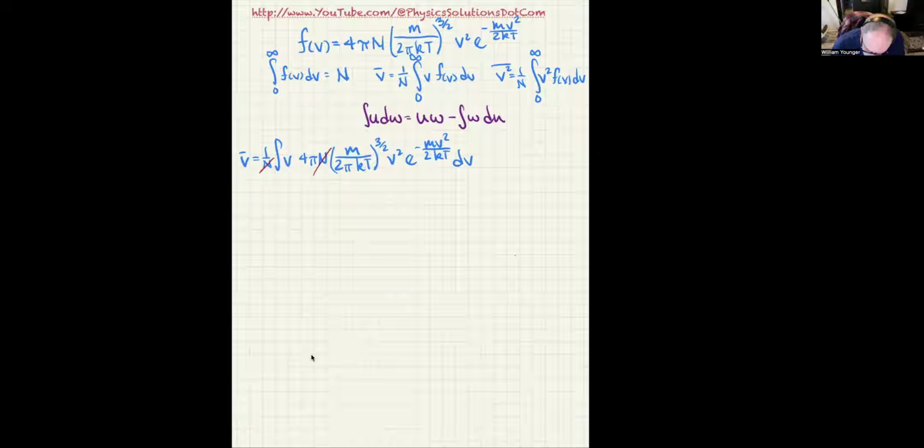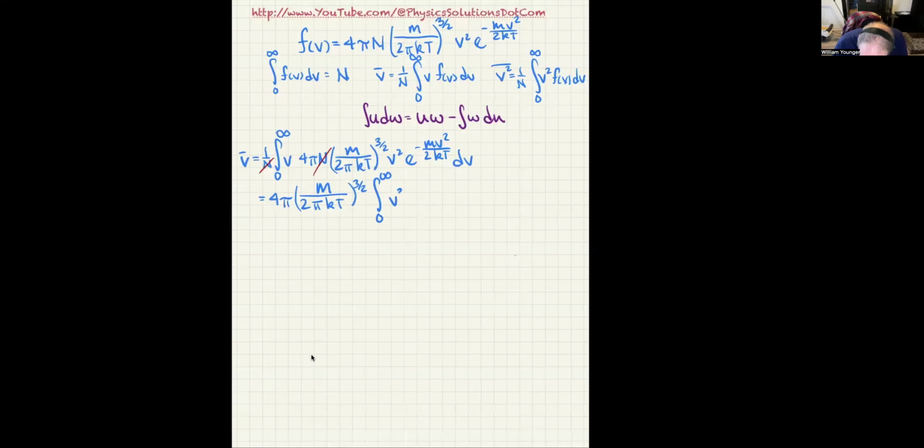This n is going to cancel out, and I can put all those constants out in front, and I will get 4 pi times m over 2 pi kT to the 3 halves power times the integral from 0 to infinity of v cubed e to the negative mv squared over 2kT dv.